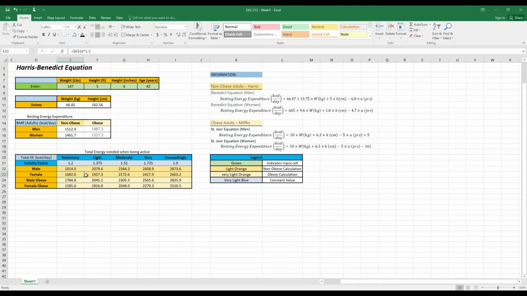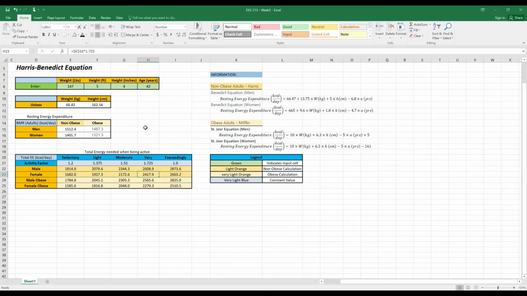But we're looking at the female, so we'll say that she's very active. And so we can step over to underneath the very and then go to the female, and we know that it's light orange because she's non-obese, that her total energy expenditure for the day in kilocalories per day is going to be about 2,417.9.